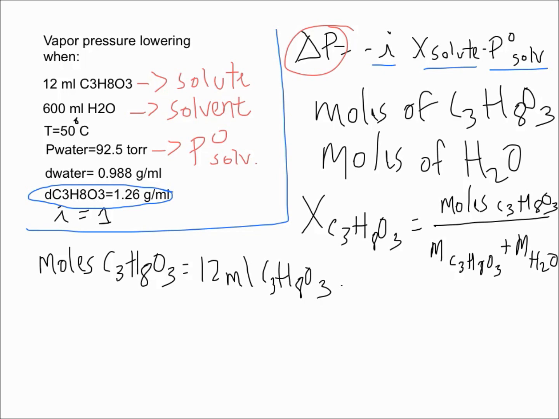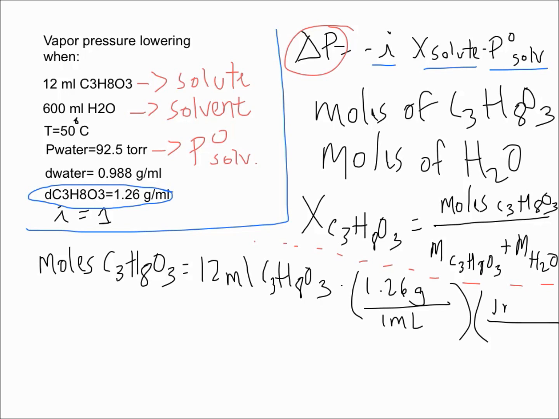This will be times 1.26 grams of glycerol over 1 milliliter, that is using the density, times, using the molecular weight, 1 mole of glycerol is 92.09 grams.